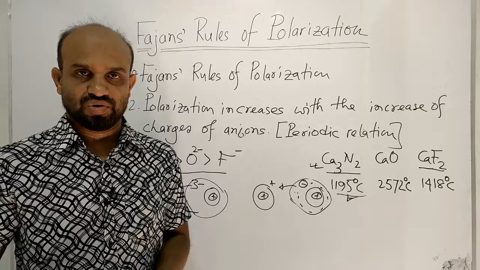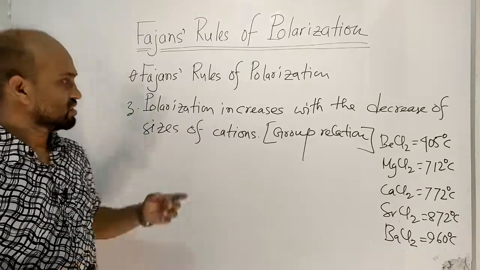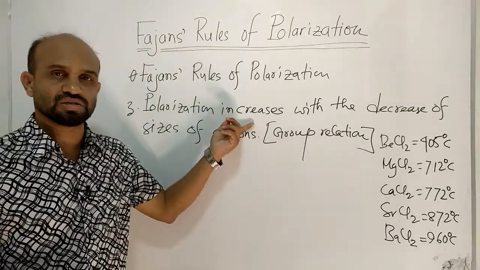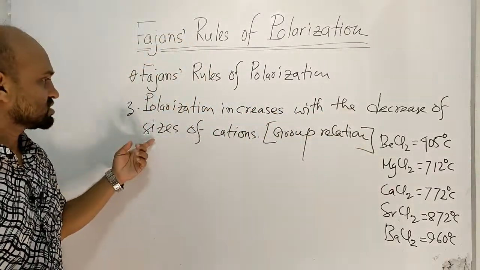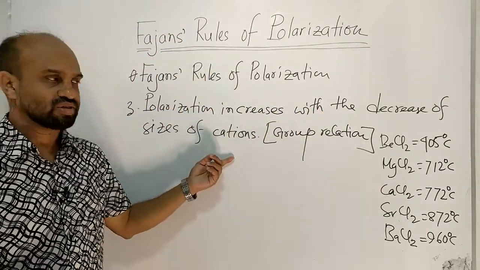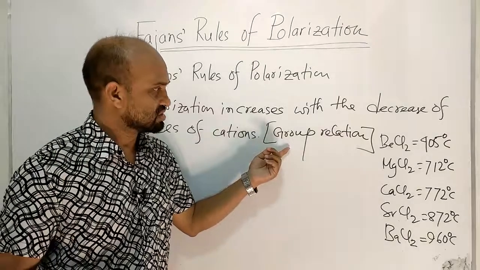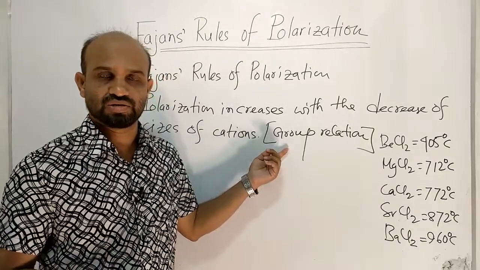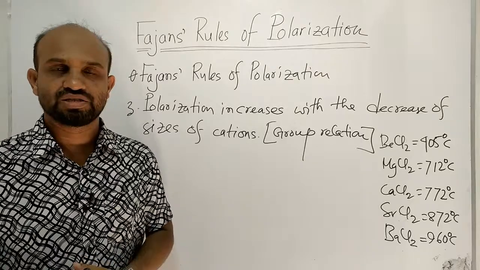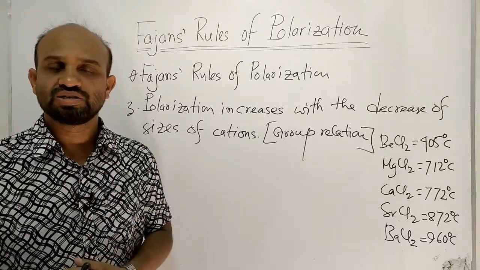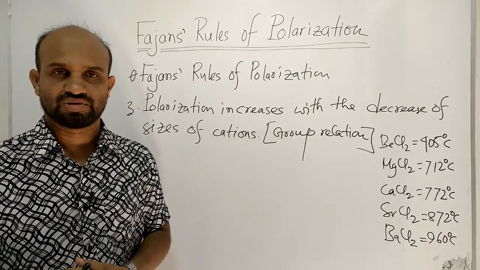Let's see the next rule. Rule number 3: polarization increases with the decrease of sizes of cations, and this is a group relation. That means along a group, polarization changes with the change of sizes of cations.